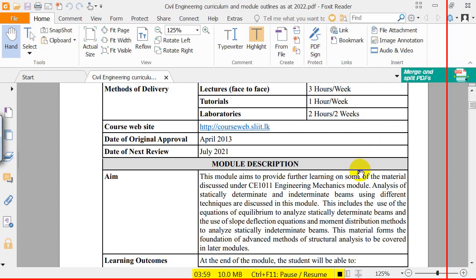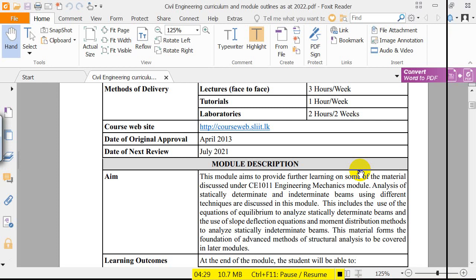There are several methods we use to analyze the beam. I know that many of you would have heard from others that there are several computer programs available to analyze a structure.